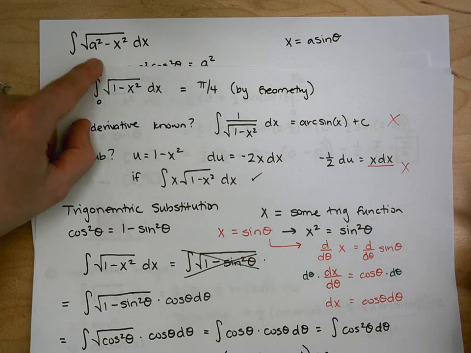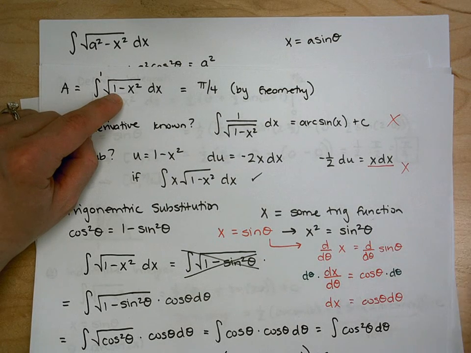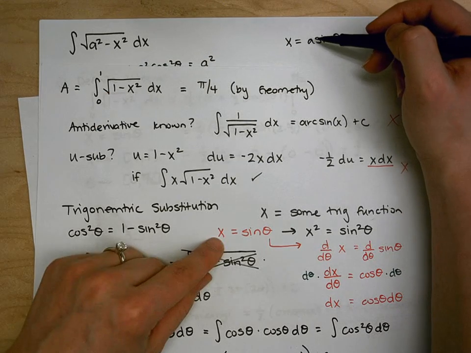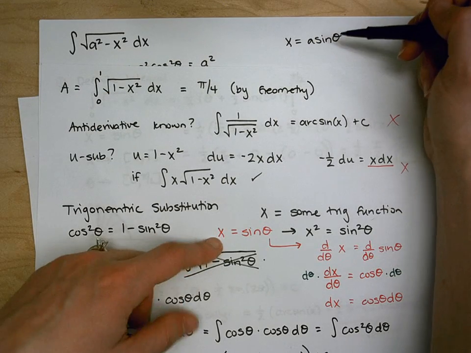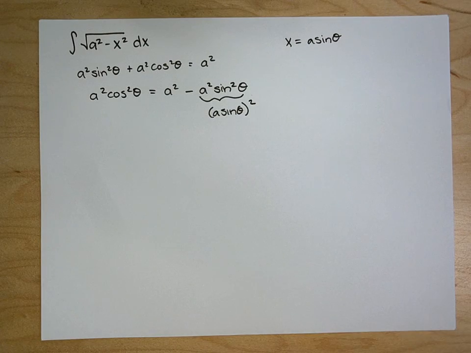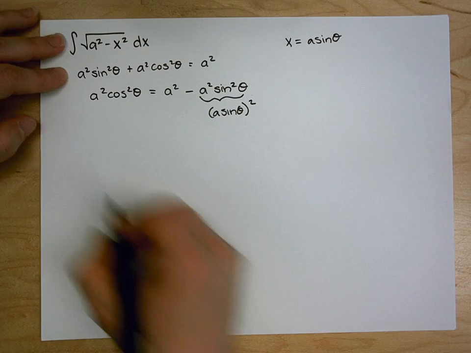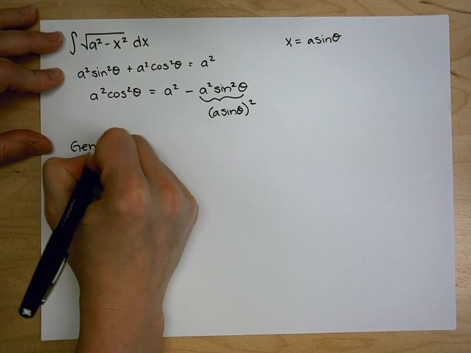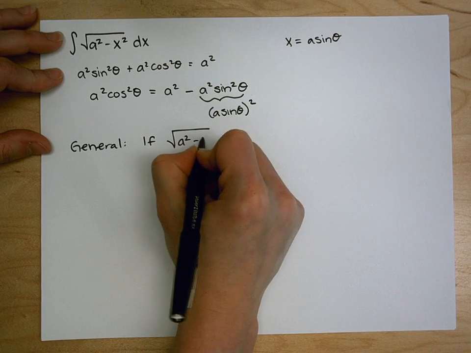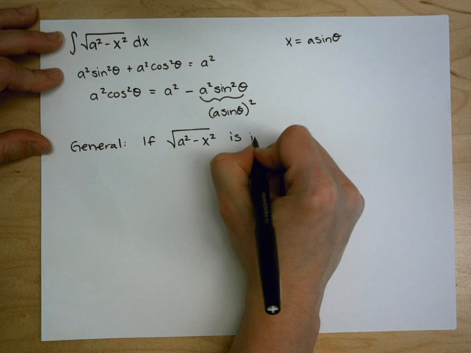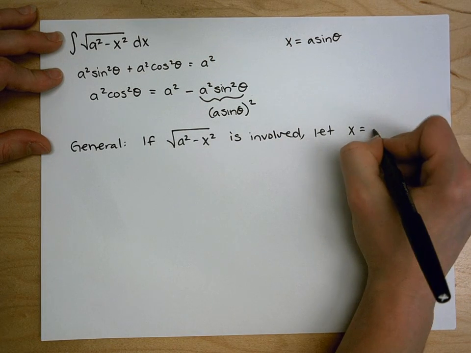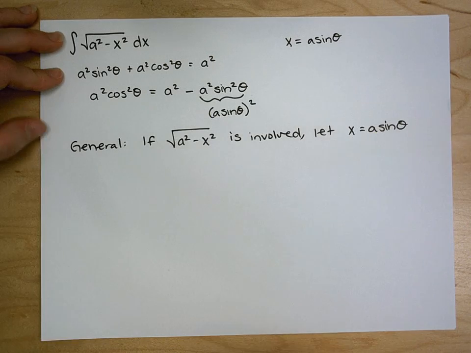This is like 1 squared. So in our previous case, really a was 1, and notice I did let x equal 1 sine theta, or just x equals sine theta. So this is helpful for thinking about it in general. So in general, if the square root of a squared minus x squared is involved, let x equal a sine theta, okay?